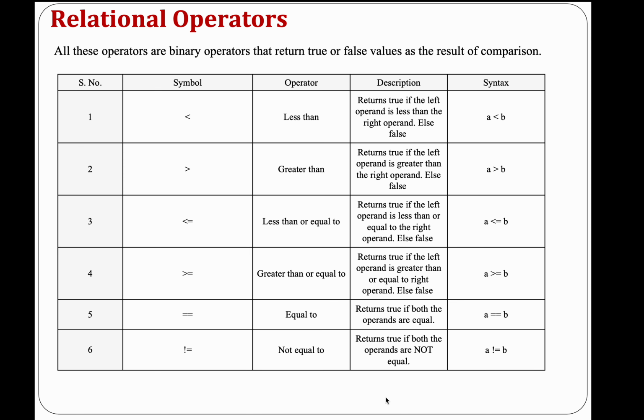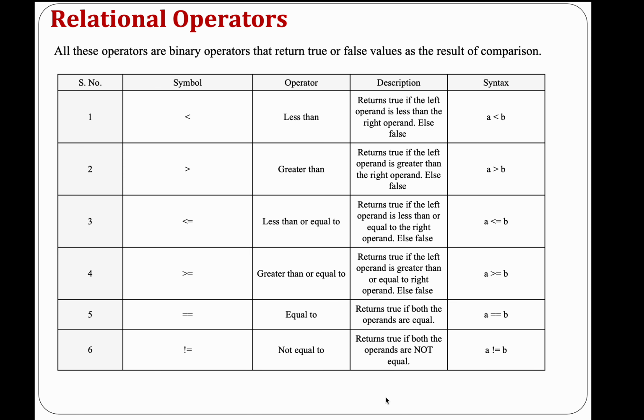After performing the operation, the result has to be either true or false. It will compare both the operands and produce a result of true or false. True means it will display 1, and false means it will display 0.